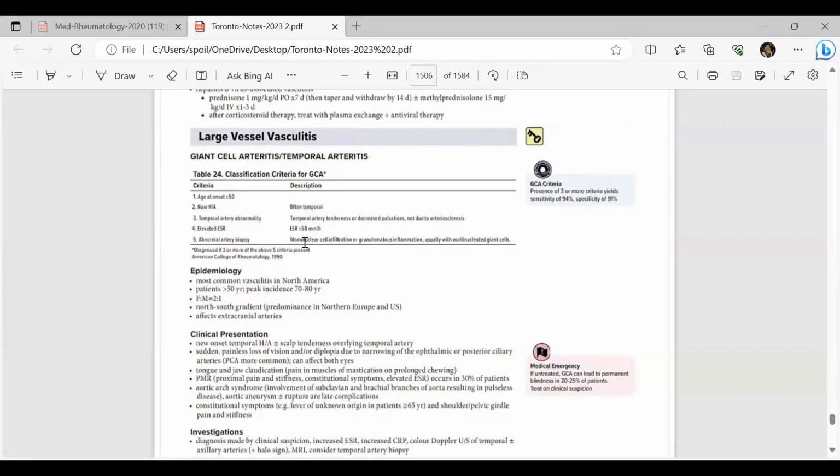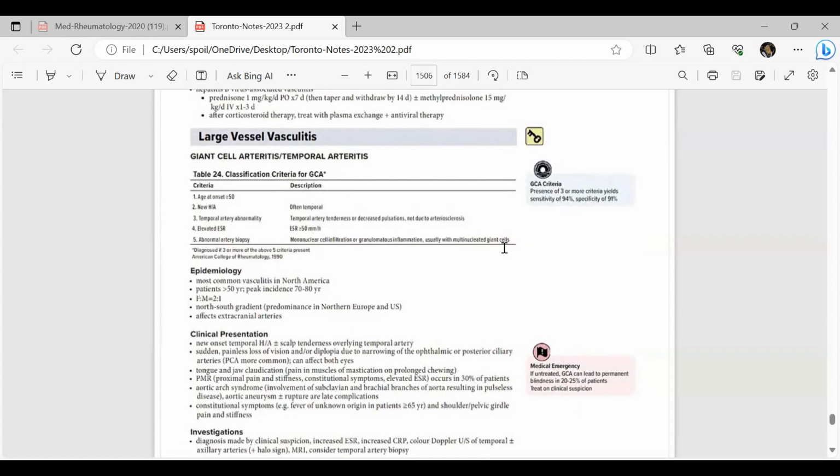ESR will be greater than 50, and temporal artery abnormality will be tenderness or decreased pulsation, not due to arteriosclerosis. The abnormal artery biopsy will show mononuclear cell infiltration or granulomatous inflammation, usually with multinucleated giant cells.